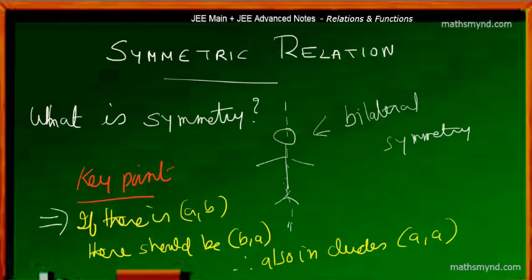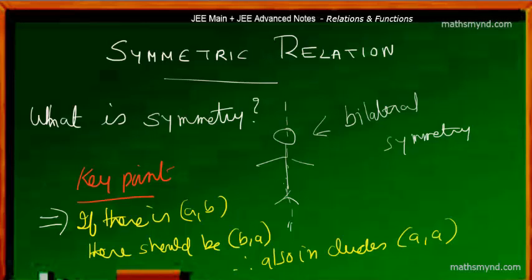Let's get to the key point. The important point here is that, considering the ordered pairs of two elements A and B in a particular relation, the key point is that if the elements A and B pair up to form an ordered pair in a relation, then that relation should also have the ordered pair in the reverse. That is, there should be BA.